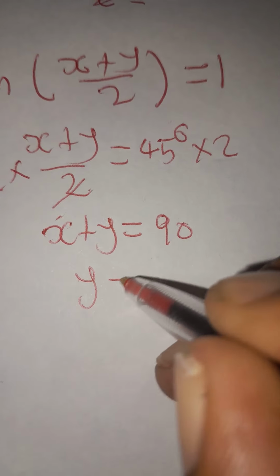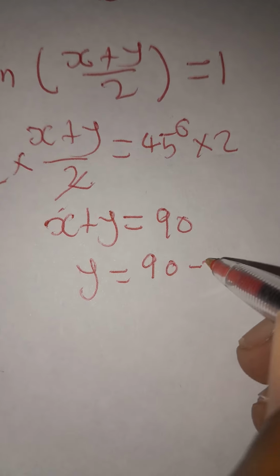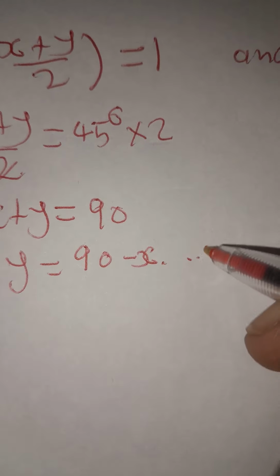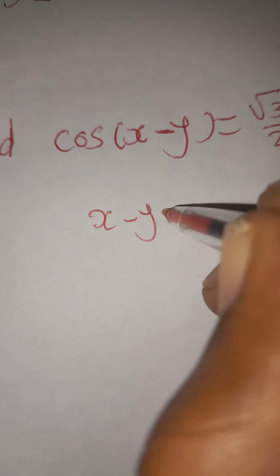So let's make y the subject. We are going to have y equals 90 minus x. So we name this equation 1. Let's work with the other one again here. We have cos of (x minus y). √3 all over 2 is a special angle.